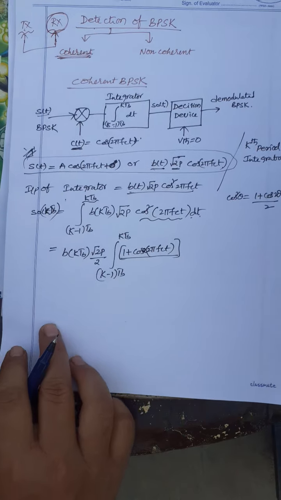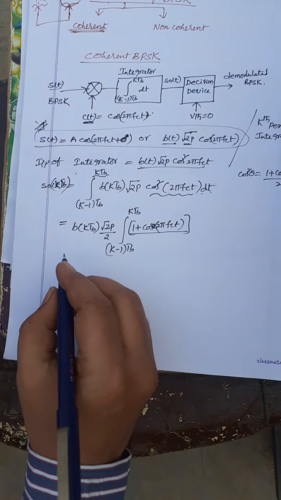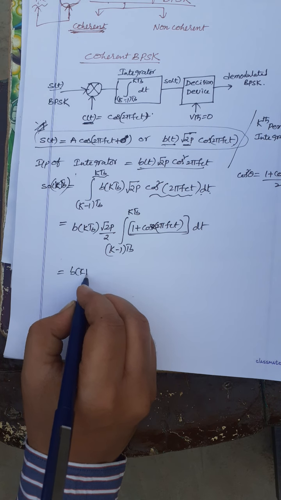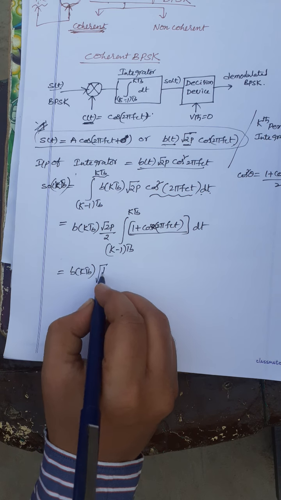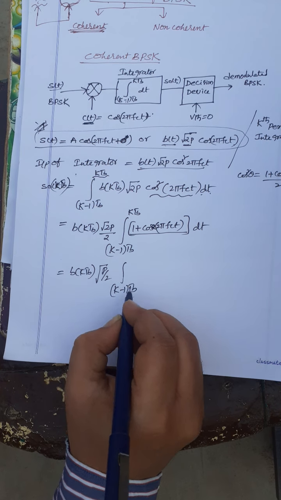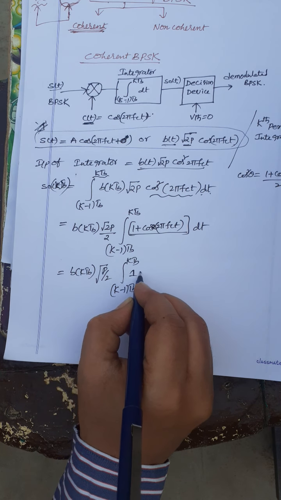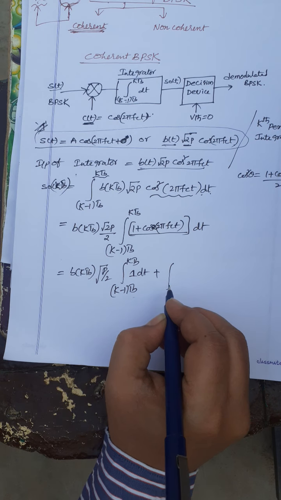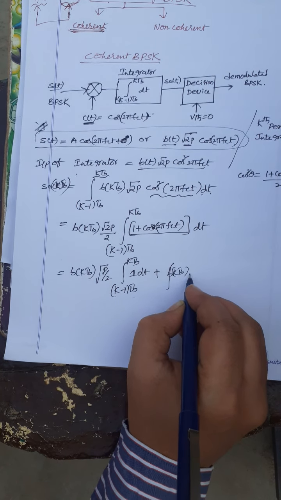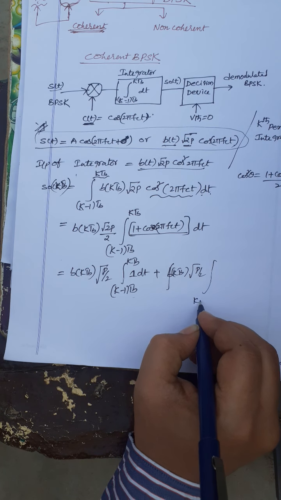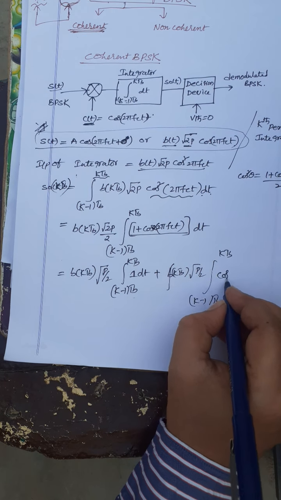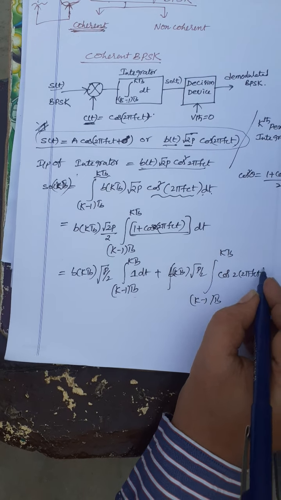Done. Into dt. B of KTB, here it becomes root p by 2. I want to separate the terms: the integral from k minus 1 TB to KTB of 1 dt, plus B of KTB root p by 2 times the integral from k minus 1 TB to KTB of cos 2 pi FCT dt.